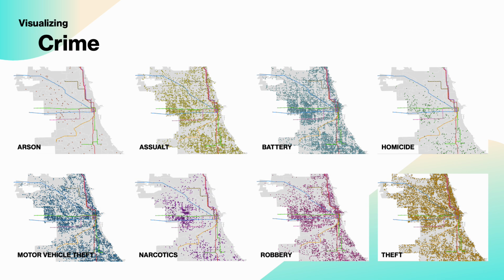The next data type that was visualized was crime. As you can see, different types of crime were visualized using the foundational map as the anchor. Already in a zoomed out view, you can see that there are certain concentrations.